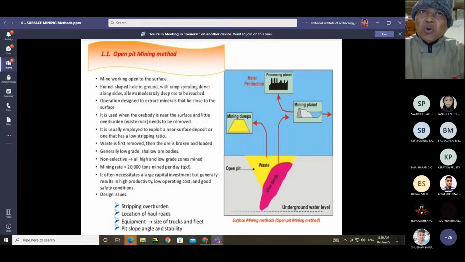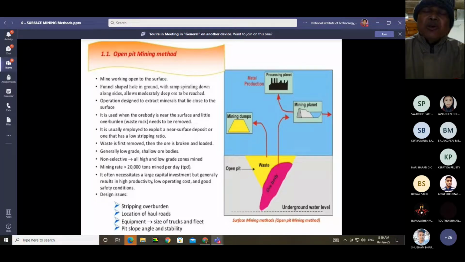Size of the trucks selected for the transportation of the minerals, and you have to do the fleet management. How many trucks will be needed, how many dumpers will be needed to transport the material from the mine to the processing plant.